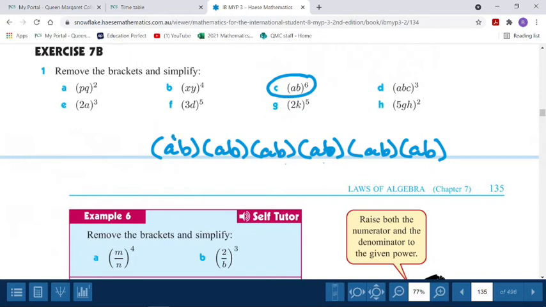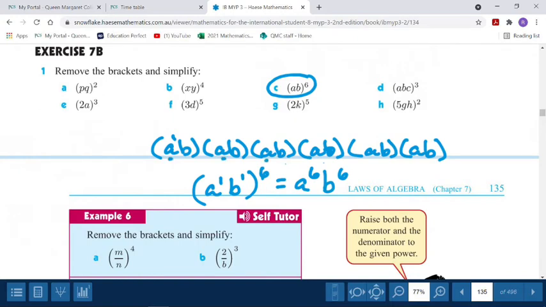Or in other words, multiply the exponent on the inside times the exponent on the outside. But remember, I have two bases in there, right? So that means they both have to be raised to that power. Not just one of them, but both of them. So a to the 1 times 6 is going to give me a to the 6. B to the 1 times 6 is going to give me b to the 6. If you expand it, you'll get the same answer.